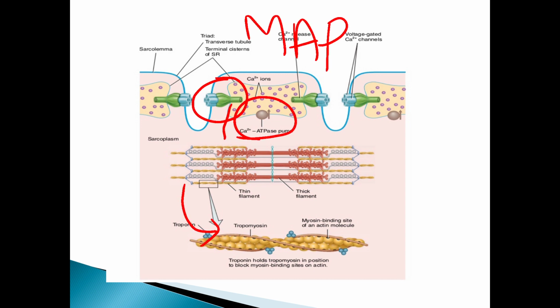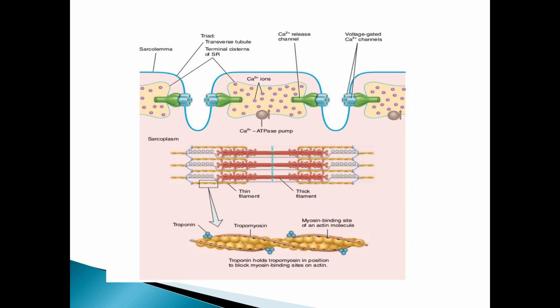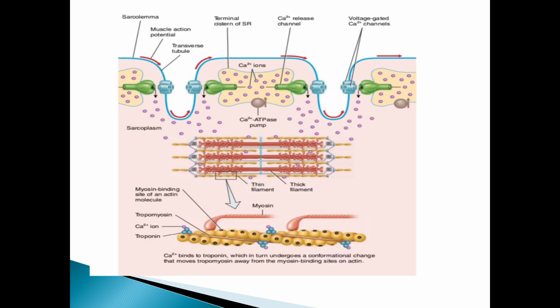But when the muscle action potential stops, this calcium will move into the sarcoplasmic reticulum and bind to the protein called calsequestrin, and the concentration of calcium in the sarcoplasmic reticulum will increase and the muscle fibers will be relaxed.